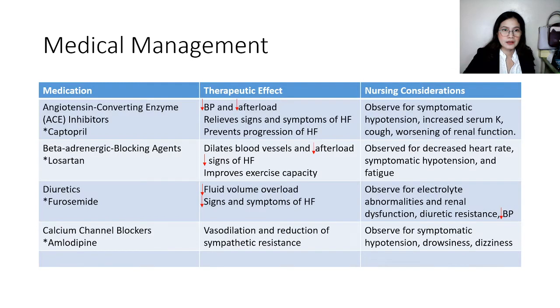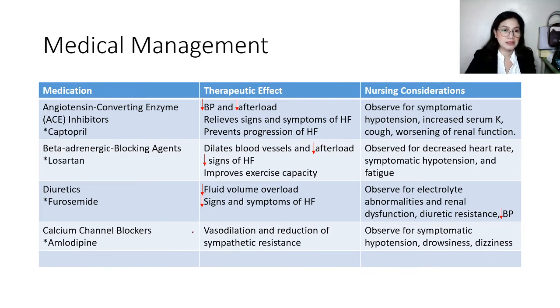In terms of medical management, we have several medications. Some of the medications being used: we have the ACE inhibitors, or angiotensin converting enzyme inhibitors. An example is captopril. What could be the effect? The blood pressure and afterload decrease.